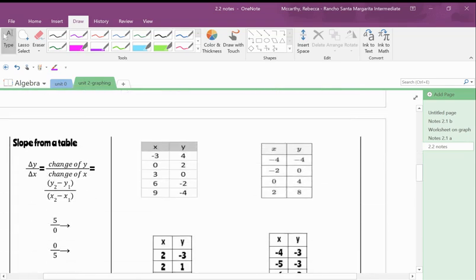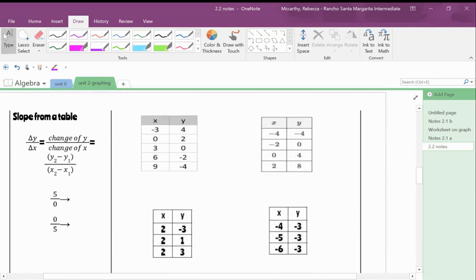And let's look at this one here. So we will have to find the slope from a table. Now the slope, when I'm given a table, it's the change of this here is the notation that you'll see in your math textbooks often. This is a delta, and we read it as the change of y over the change of x. Specifically, here's a formula that we give you.